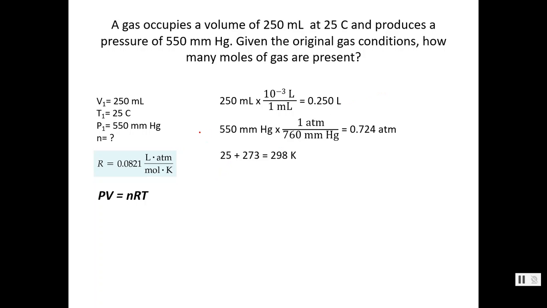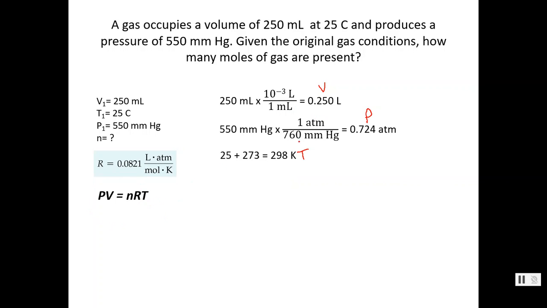Then we need to convert our temperature to Kelvin. So that gives us now a volume that's in liters, a pressure that's in atmospheres, and a temperature that's in Kelvin. And that's what we need to appropriately solve PV equals nRT.